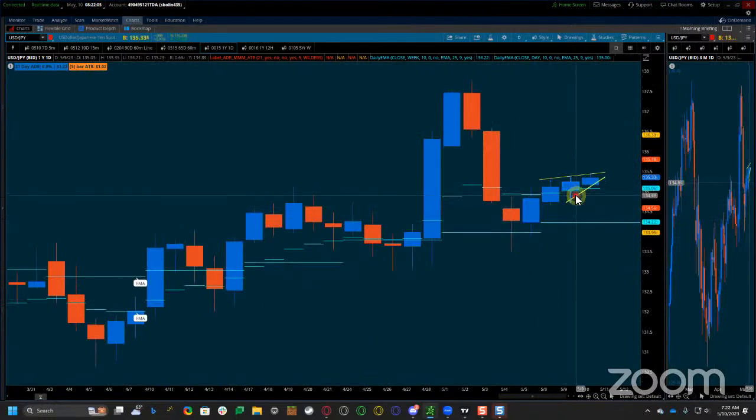So when the move comes, and not if, right? I didn't use the wrong word there. When the move comes, it is very likely going to be one of these big candles, right? Not little candles. And it's getting very close because it's running out of room in this wedge.